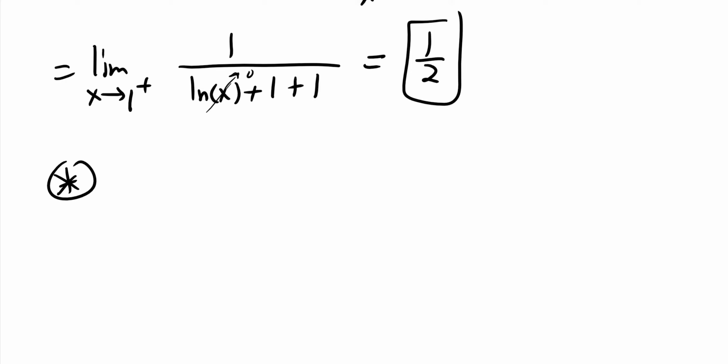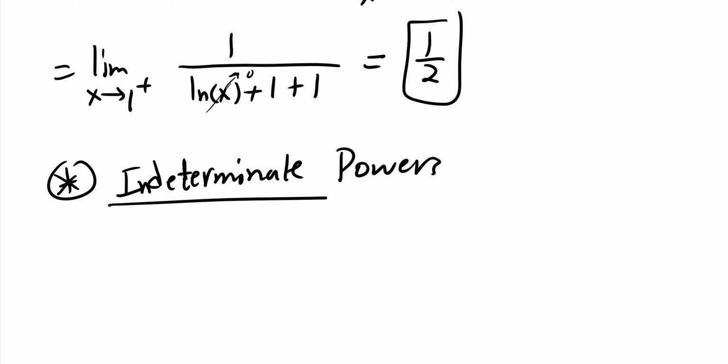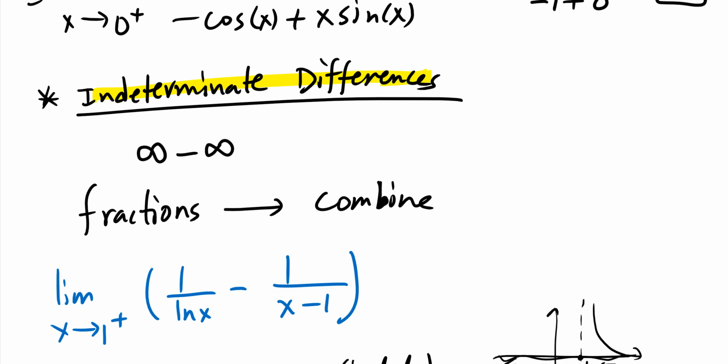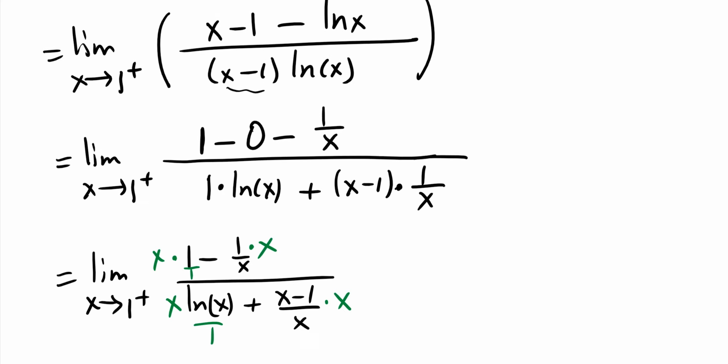Now, what about the next form? It is called indeterminate powers. The one before this was indeterminate differences. So we have quotients, differences, products, and powers.